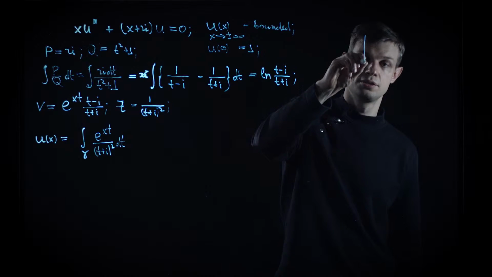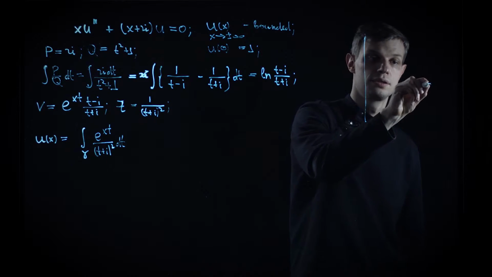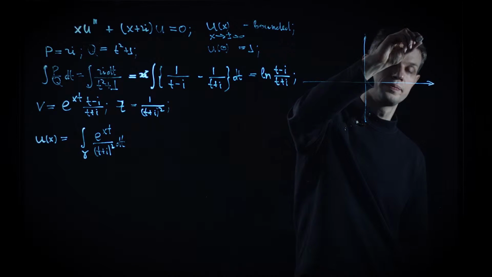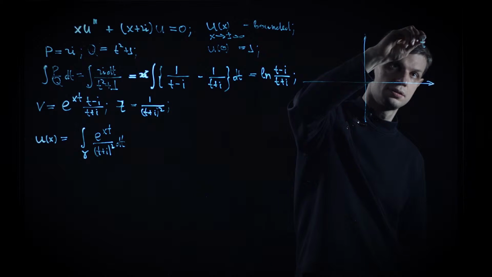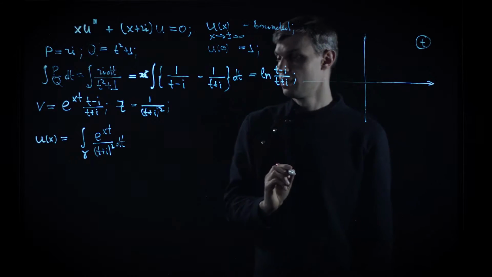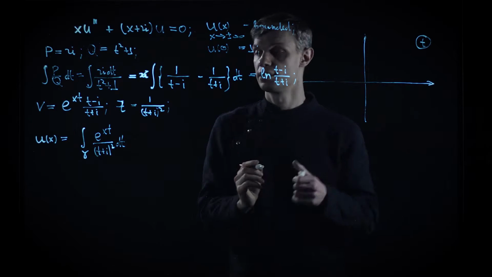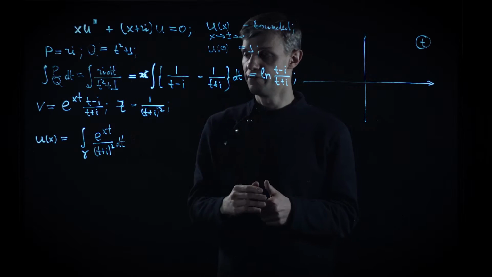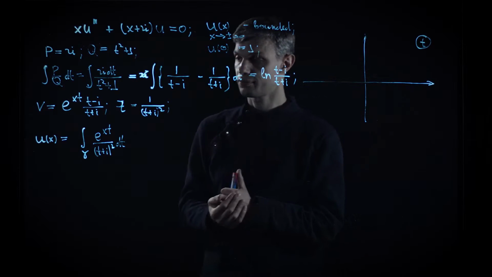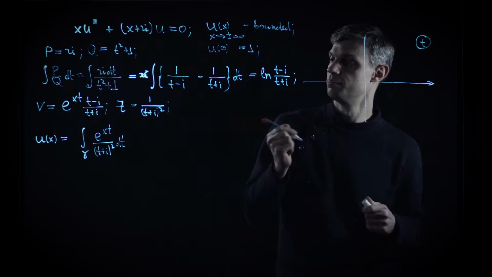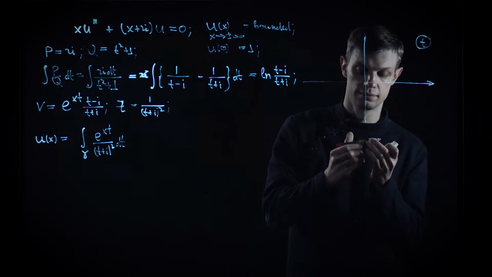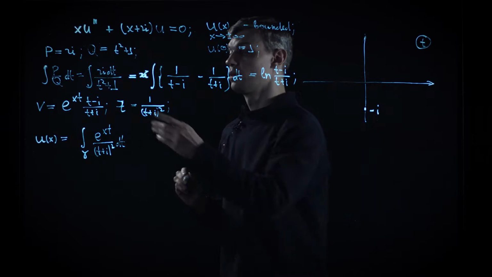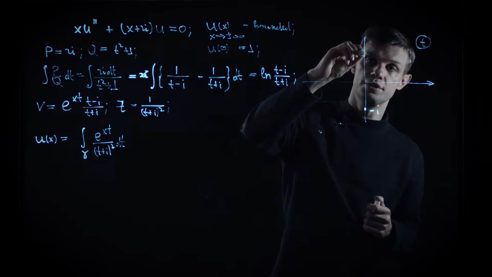So let's draw a complex plane of the t variable and point the singularities or special points of our v function. The v function has a pole at point minus i and a root, a first order root, at point i.